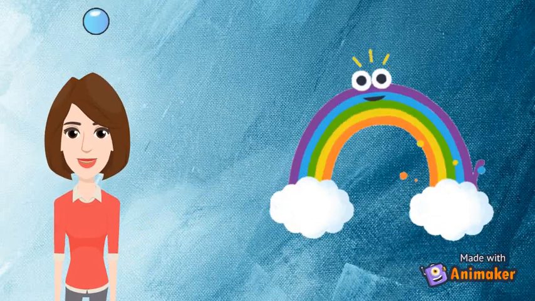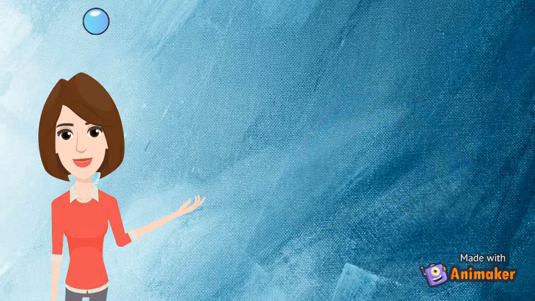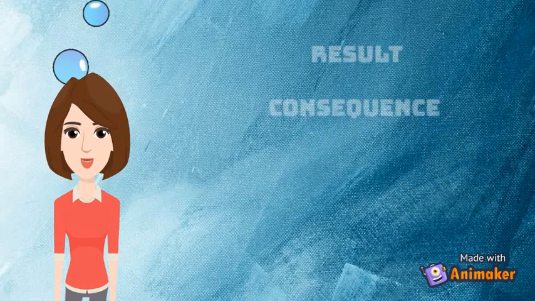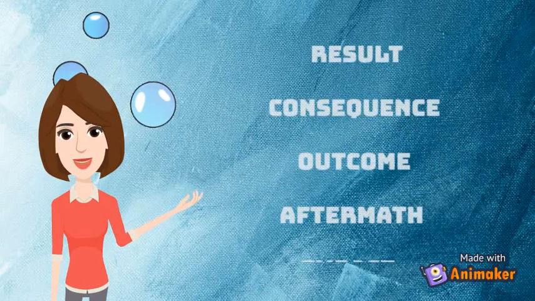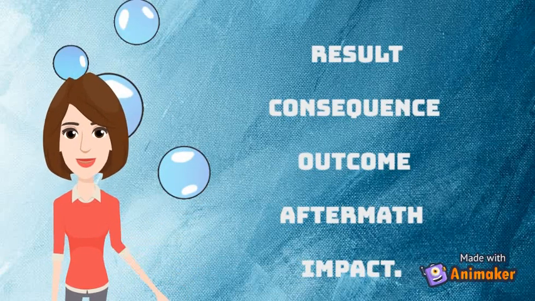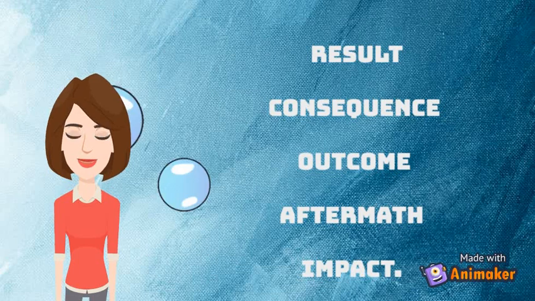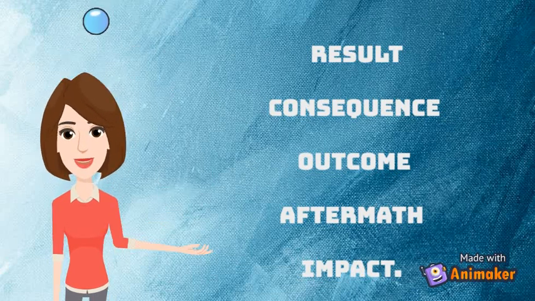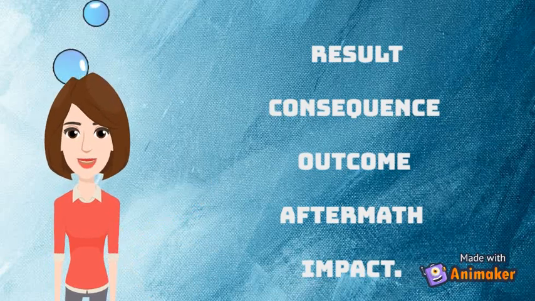And we better know some synonyms of effect too. For example, result, consequence, outcome, aftermath, and of course the noun version of impact. Well, we can have impacts of climate change. That means there are effects of climate change.